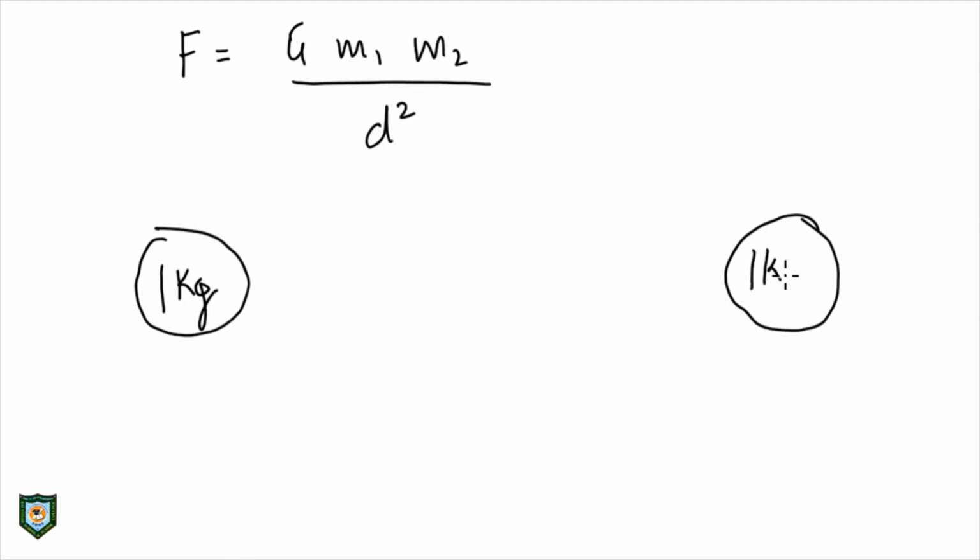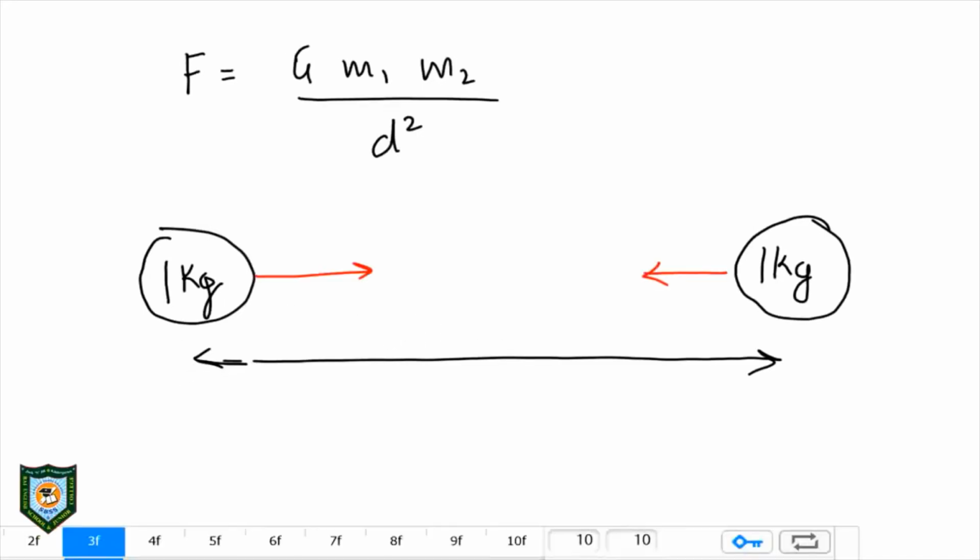And the mean distance between these two objects is 1 meter. So the scientists measured the force that was being applied between these two objects. Now this force ideally was the gravitational force.